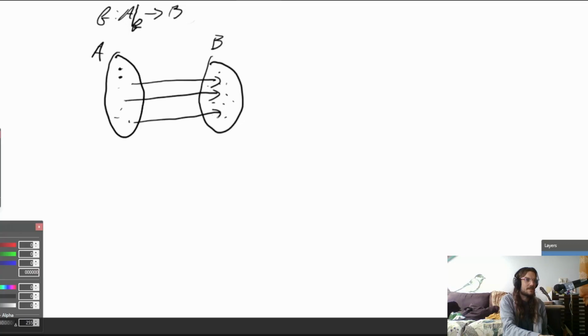So our function sends a bunch of elements in A to a bunch of elements in B.